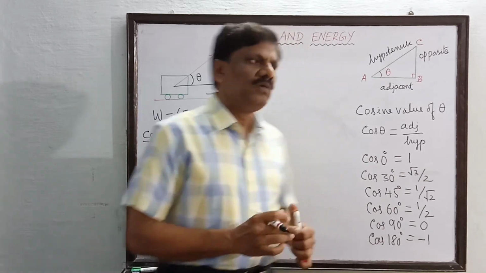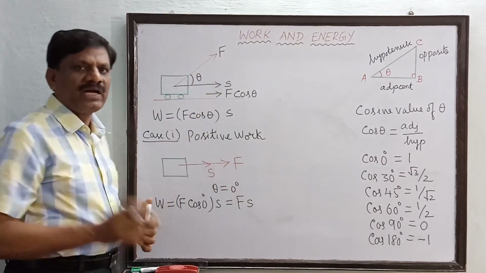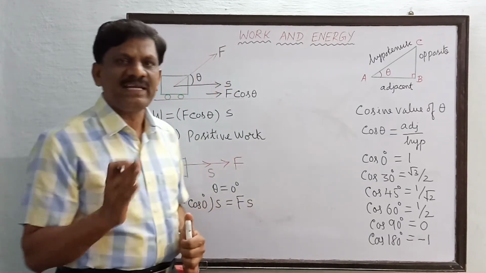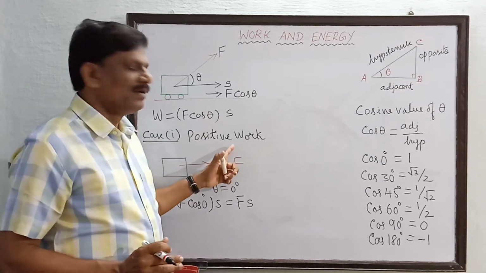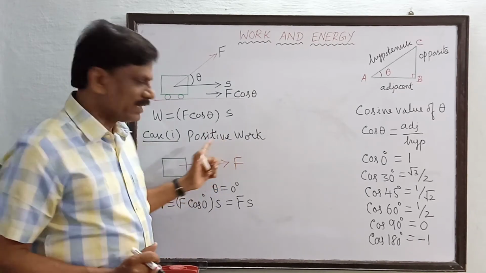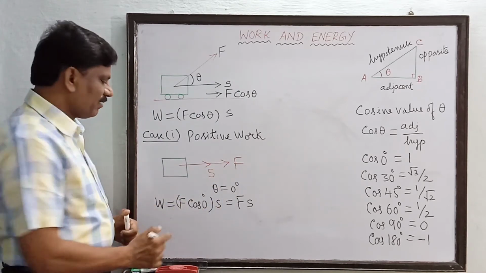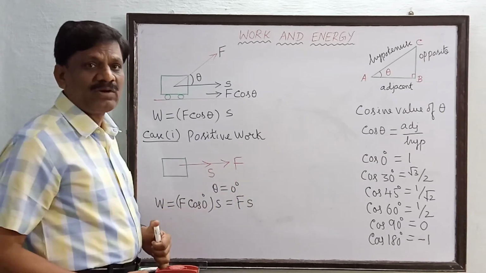Understand? So not only for 0, even for an acute angle, whenever the force makes an acute angle with the direction of the displacement, then the work done will be positive. In this case theta is equal to 0, therefore the work done by the force is directly equal to the product of the force and the displacement.